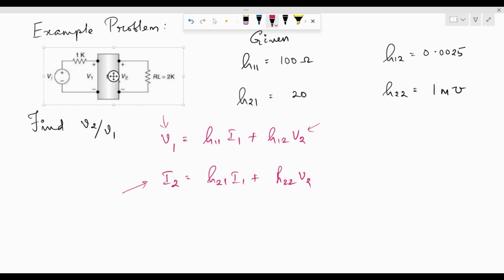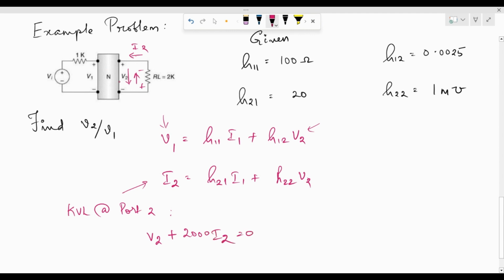So here we see that this current I2 is in this direction. Therefore, the drop is going to be like this, and this drop is here. Effectively applying KVL at port 2, what we get here is V2 plus 2000 I2 is equal to 0, or V2 is equal to minus 2000 I2.